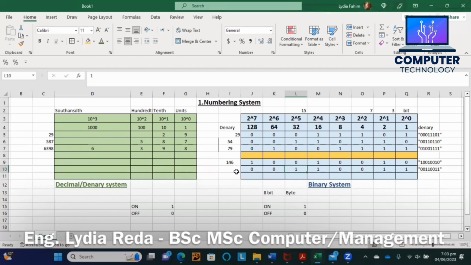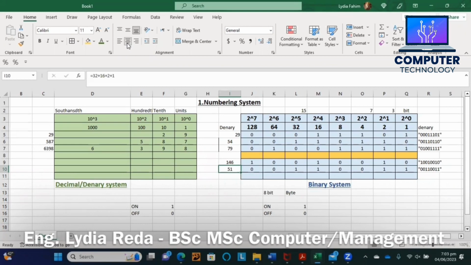But the 32 has a 1, so 1 times 32 is 32. The 16 times 1 is 16. The 8, I don't care. The 4, I don't care. The 2 is yes, it has a 1. And the 1 has a 1. So this value is 51 in denary.